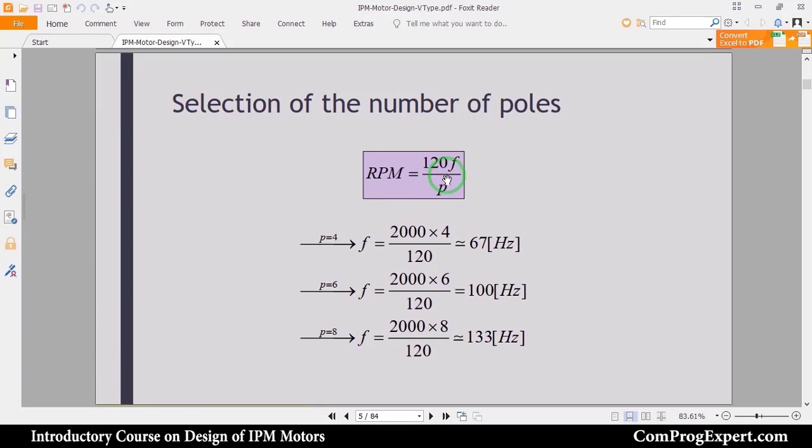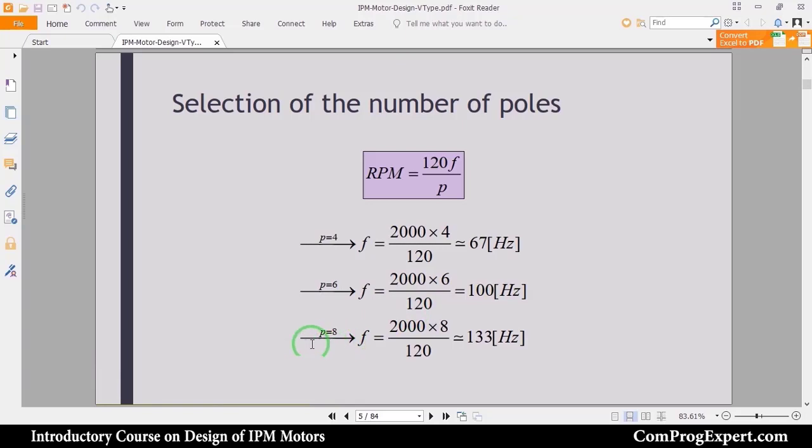For example, if we select 4 as the number of poles, the supply frequency will be equal to 67 Hertz. If we select 6 as the number of poles, the frequency of supply will be equal to 100.